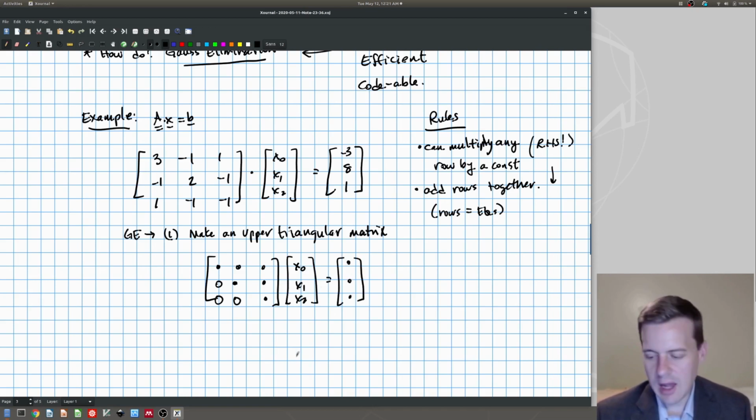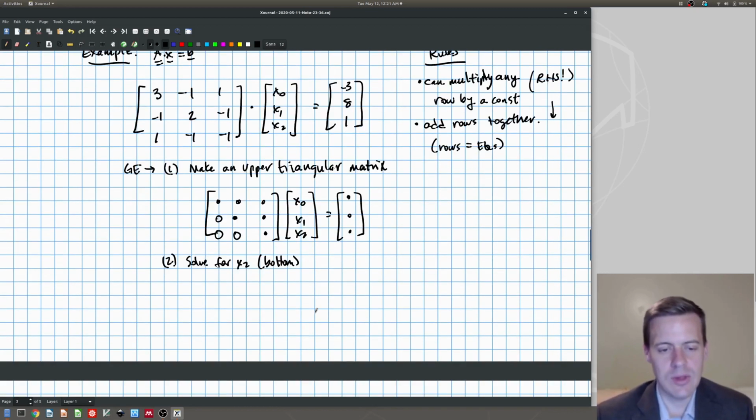Once I have an upper triangular matrix, in step 2, I can then solve for x2, the bottom, because now I only have something times x2 is equal to something, and I can just solve for that right away. Then I solve for x1, where I plug x2 into the equation for x1.